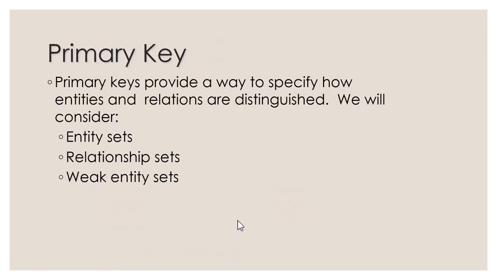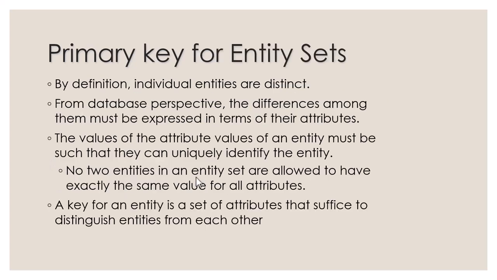Okay, we also talked about primary keys, right? These keys provide a way to specify how entities and relations are distinguished when we are considering these 3 sets: the entity sets, relationship sets, and weak entity sets. Individual entities are very distinct, and it's by primary key.